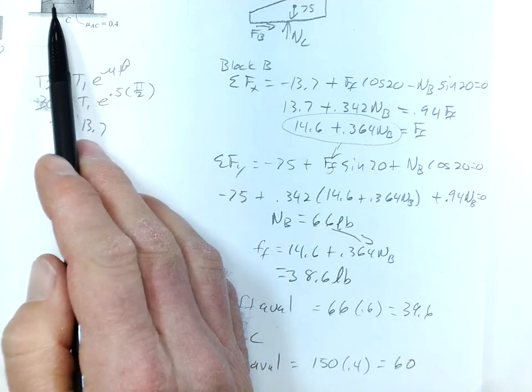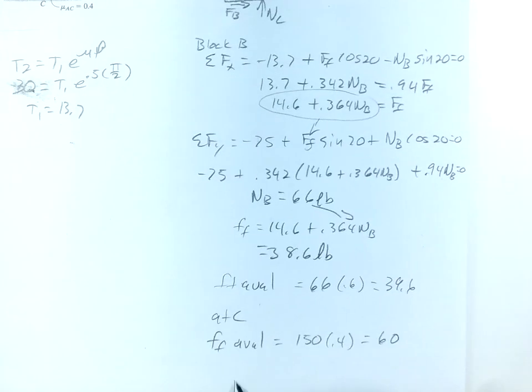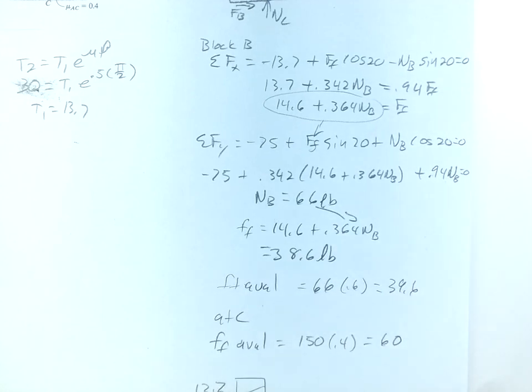Now 60, if we do a free body diagram of the two blocks combined, we got 13.7 here. We also have a force of friction there. Those are the only two horizontal forces on the combined block. It has available 60 there, but it's going to only react there and get 13.7. So it doesn't slip at either spot.